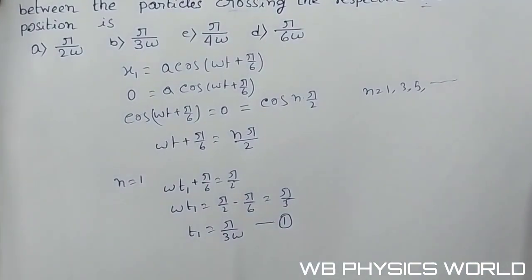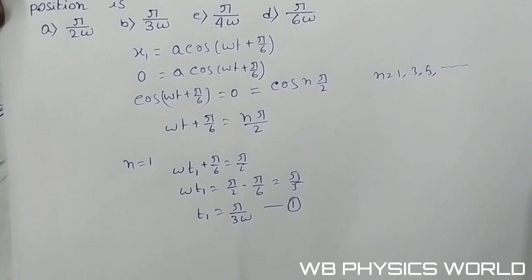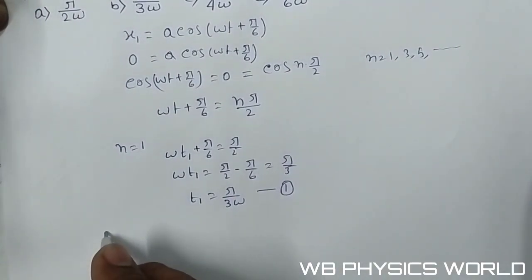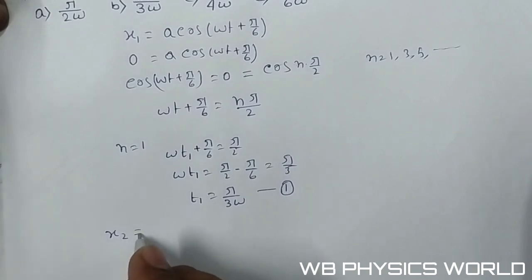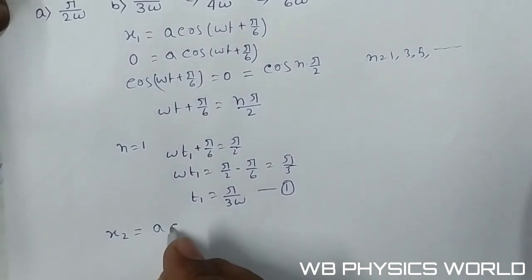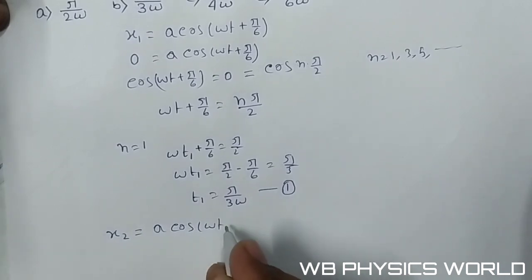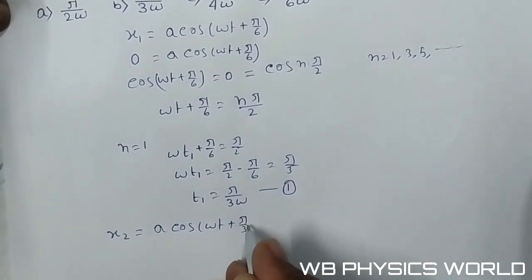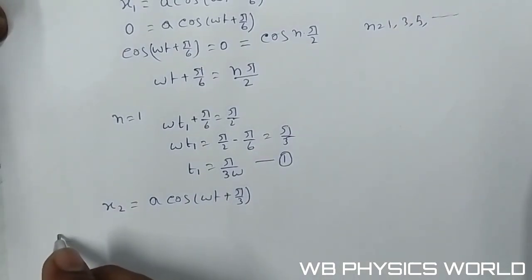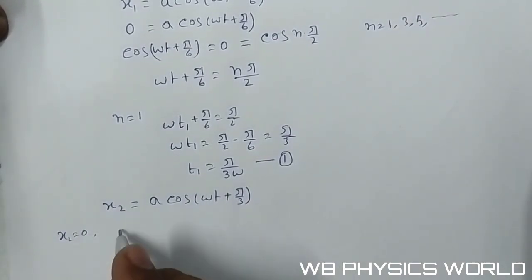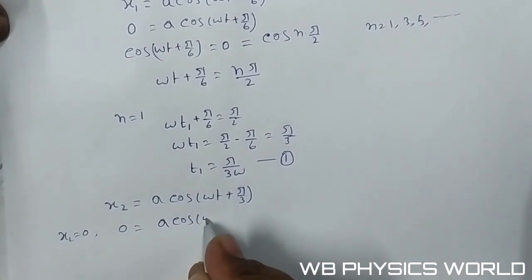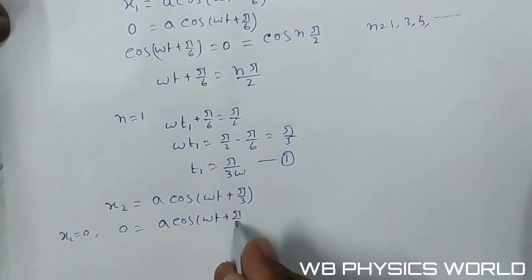This is equation 1. And for the second particle, it is described by the equation x2 equal to a cos(omega t plus pi by 3). When it is also crossing the mean position, x2 is 0, so 0 equal to a cos(omega t plus pi by 3).